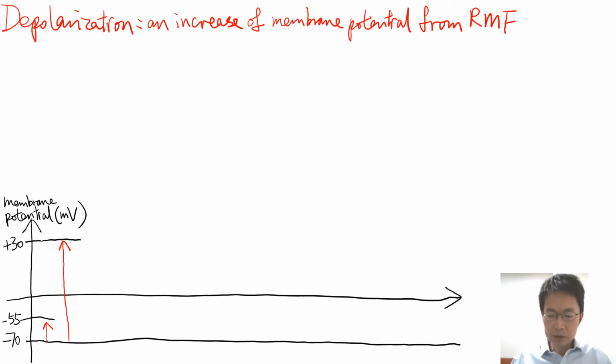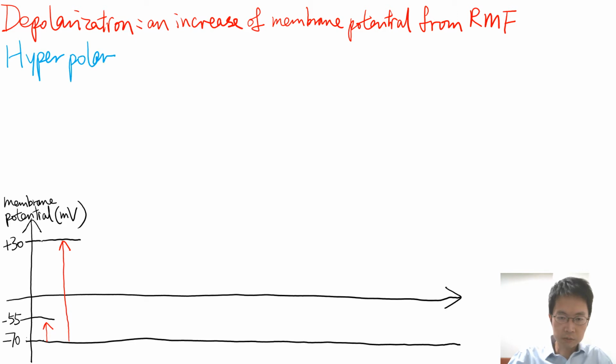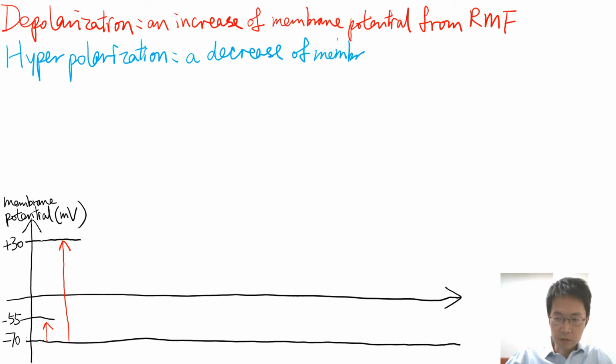And then the next one is called hyperpolarization. I personally define it as a decrease of membrane potential from RMP.